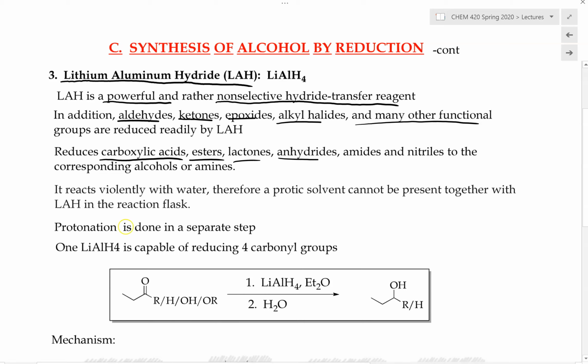And because this is very reactive, it can also react very violently with water. Therefore, a protic solvent cannot be present along with this reaction in the same reaction flask. But it still will produce our alkoxide. And to protonate our alkoxide, we have to do the protonation in a separate step after the reduction step.